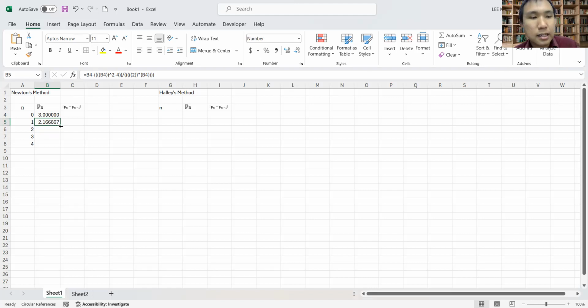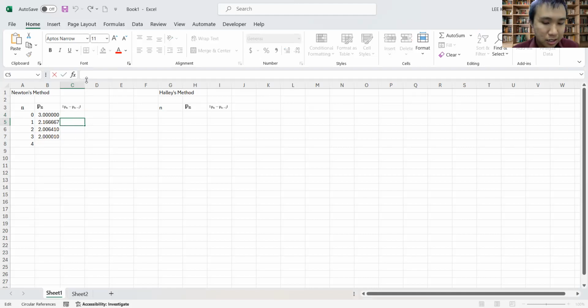And then to calculate the successive Pn, it's easy. We just drag down. And then we also need to calculate the stopping criterion, the difference from the previous term. The first one we cannot calculate because there is no term before it. For this one, we put equals ABS, which is the modulus function in Excel.